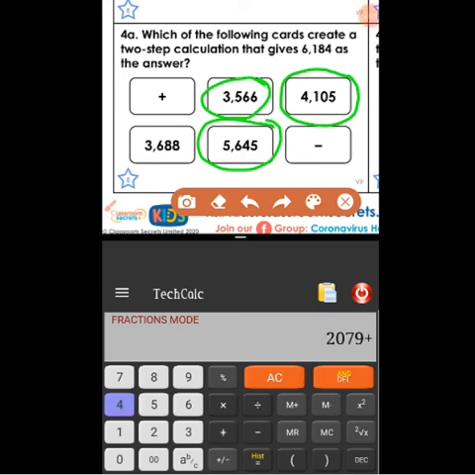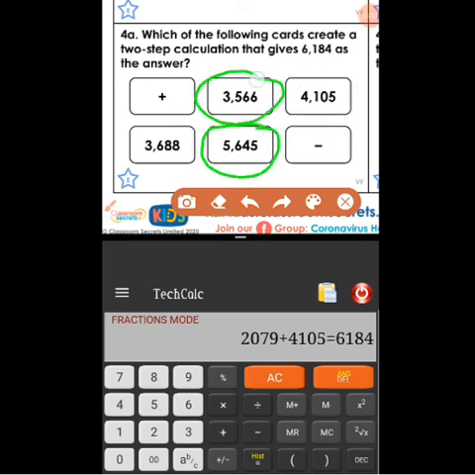Plus 4,105. Exactly. So 6,184 it gave us back. Okay, so performing a two-step calculation will be this minus this, that is one step, plus this, second step, and you get your answer.